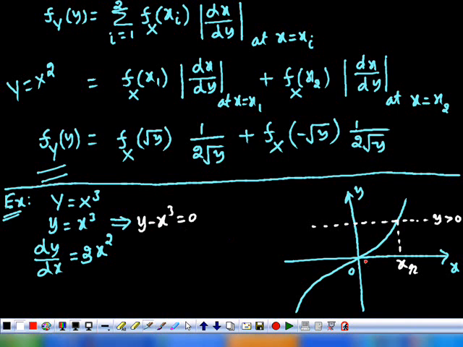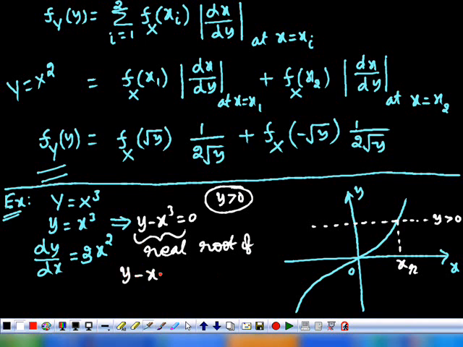The only real root when y is greater than 0 is how much? What is the real root of this expression when y is greater than 0? So y greater than 0 indicates it is above the x-axis.